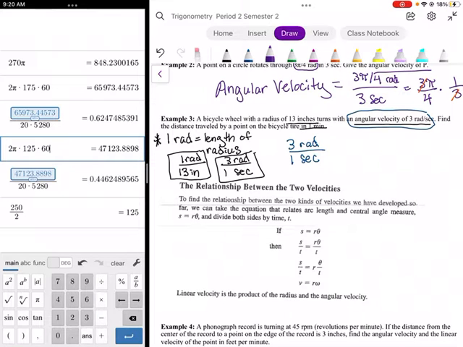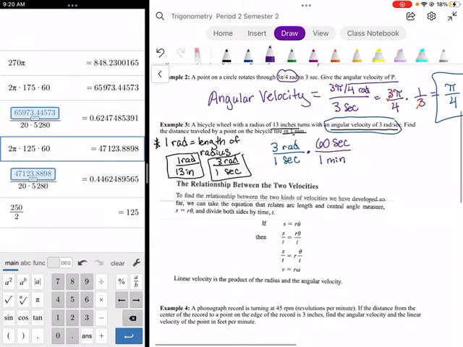We know we need to find the distance traveled in 1 minute. So we need to change this to minutes on the bottom. So we're going to multiply by 60 seconds over 1 minute. Okay. And now we also need to get rid of the radians because in a distance, we don't use radians.